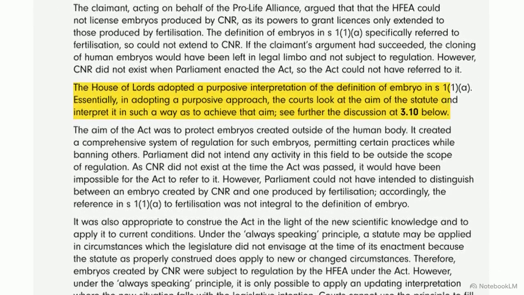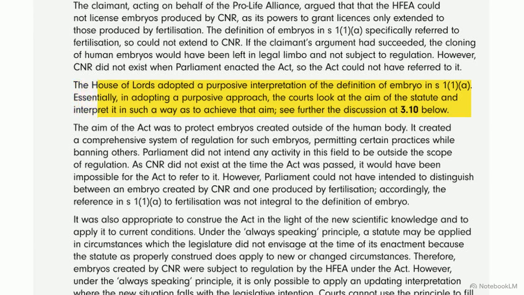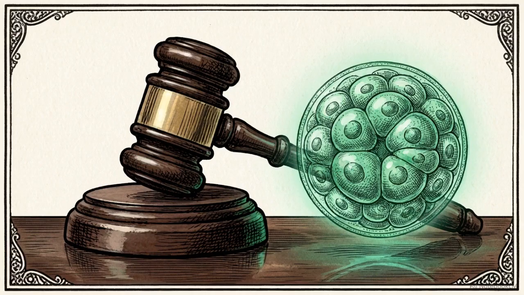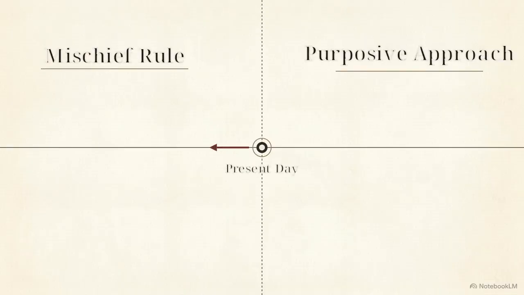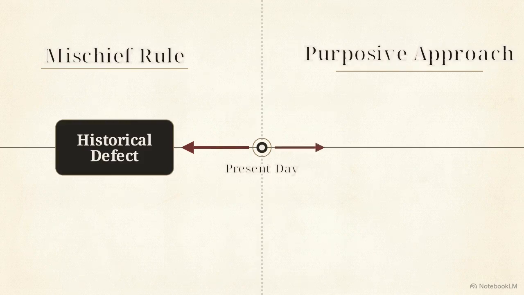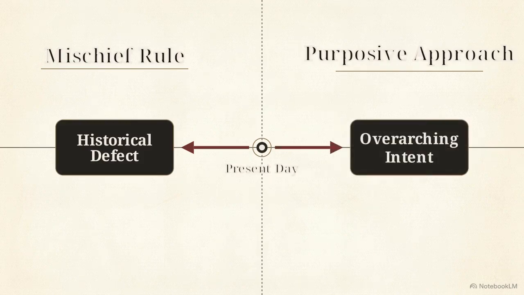However, the House of Lords identified that the broad aim was to regulate all embryos created outside the human body. By focusing on the statute's true purpose, the court ruled that cloned embryos were subject to regulation, bypassing the literal requirement for fertilization. For your analysis, keep these distinct. The Mischief Rule is a historical patch. The Purposive Approach is an intent-driven mandate.